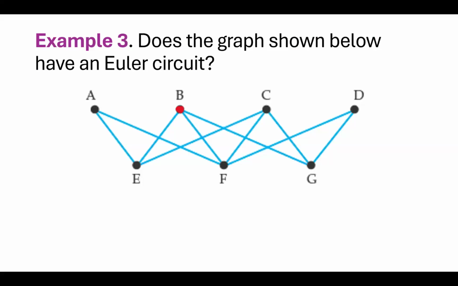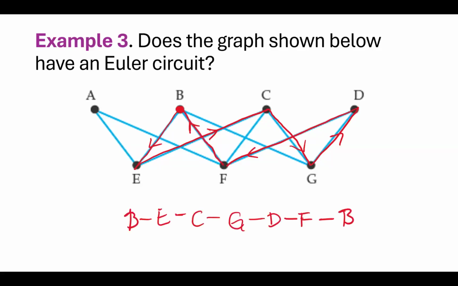So I have another example here. Does the graph shown below have an Euler circuit? And so I'm going to start on B, and then I'm going to go to E, and then I went up to C, follow the arrows, and then to G, and then to D. And from here, I don't have a choice. I gotta take the path that connects D and F. And from here, it seems like I have three choices.